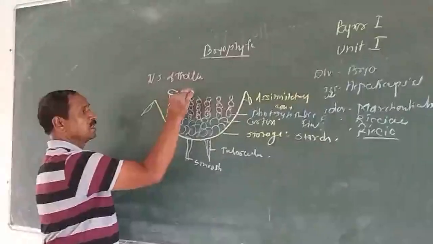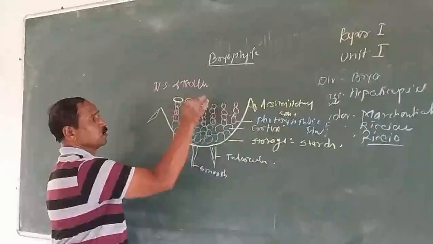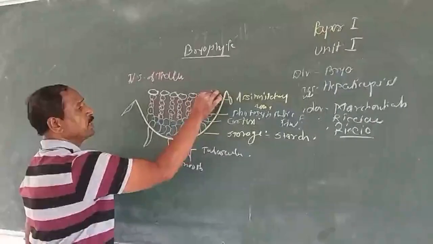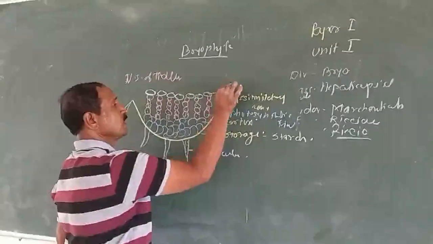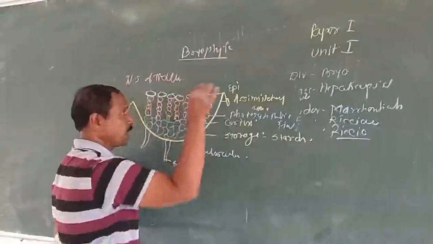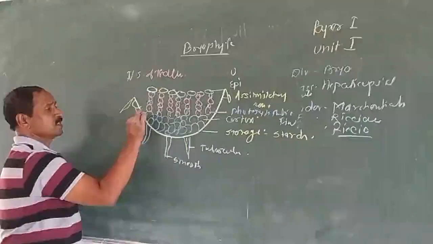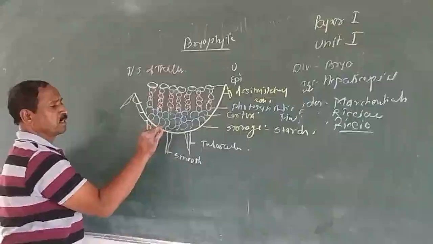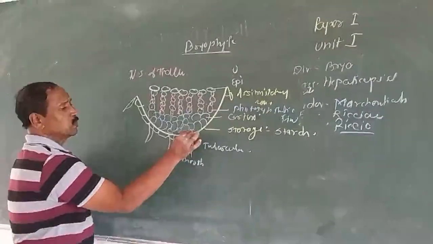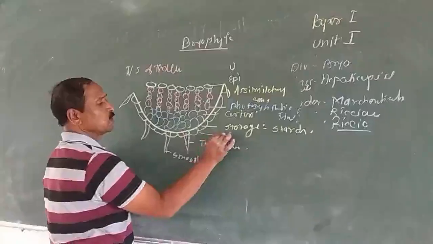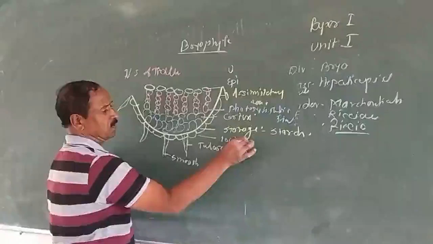At the tip of the photosynthetic filament, the cells are large, and these large cells are called as epidermis, means here it is an upper epidermis, and at the base the single layer parenchymatous cells, the lower layer, is called as lower epidermis.